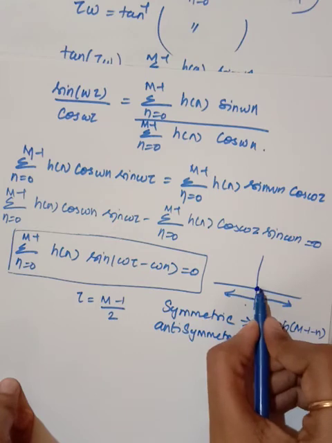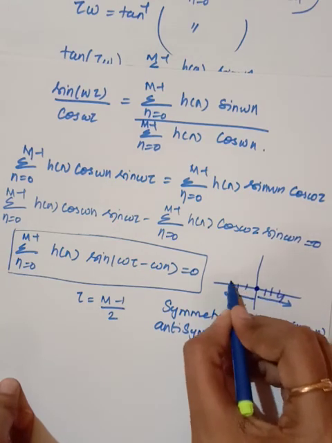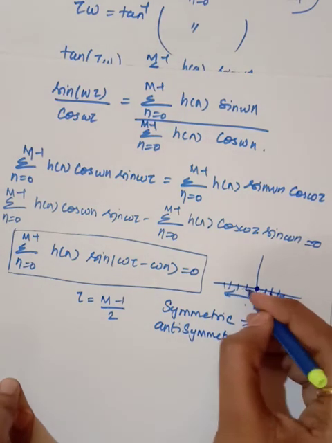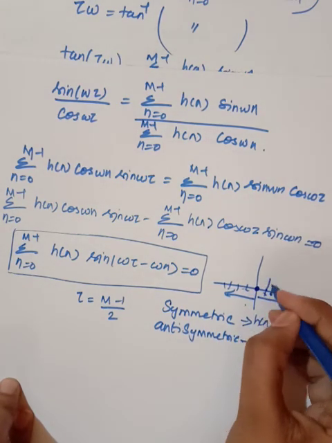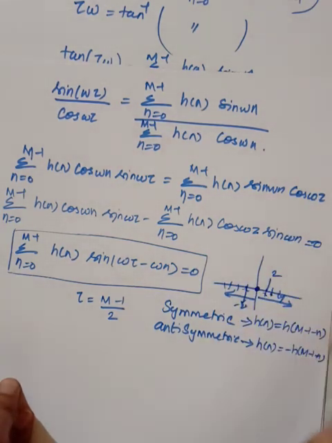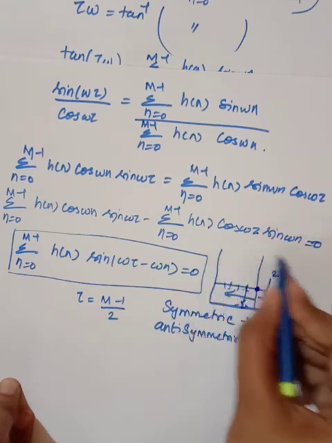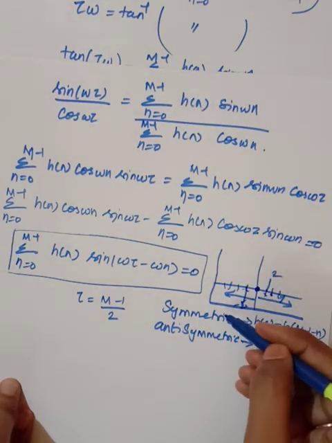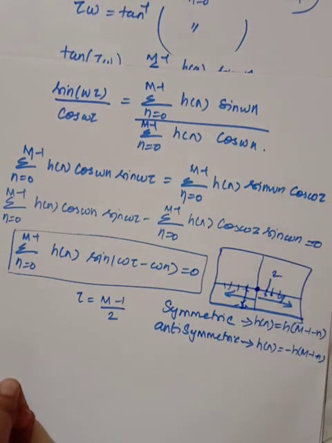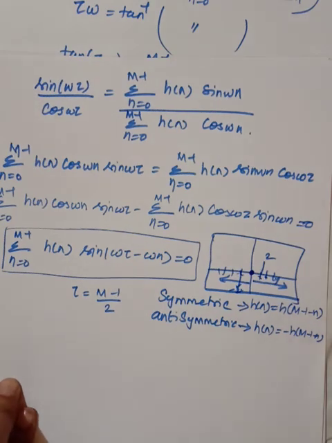In anti-symmetric, if a coefficient here is 2, there you will have minus 2, giving an anti-symmetric response. We will see the symmetric and anti-symmetric cases and all these derivations in detail now.